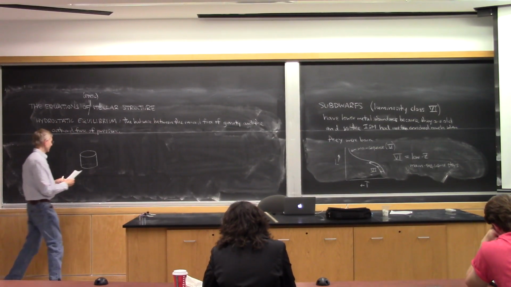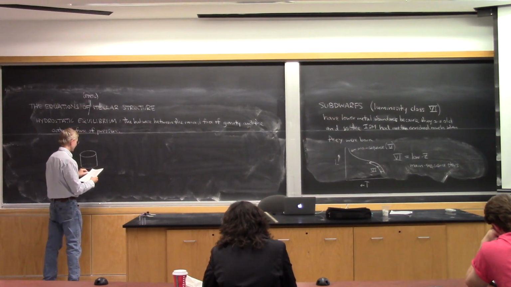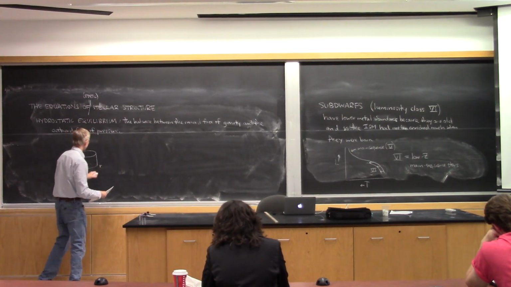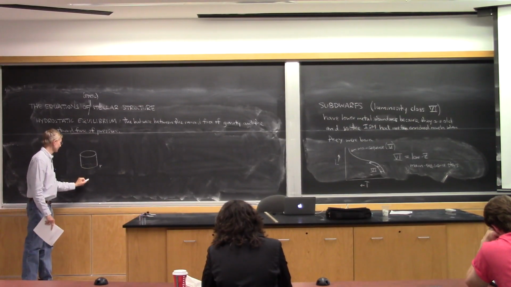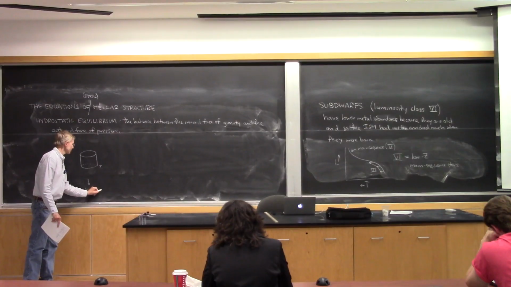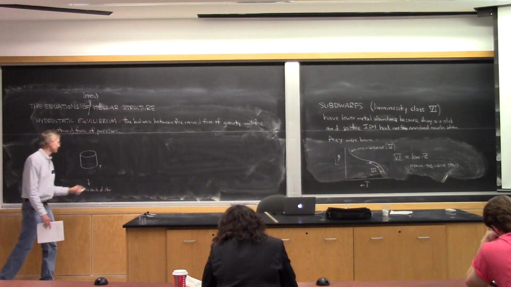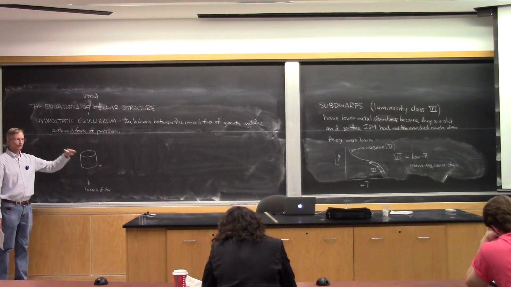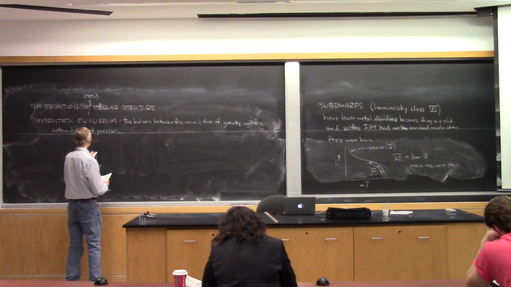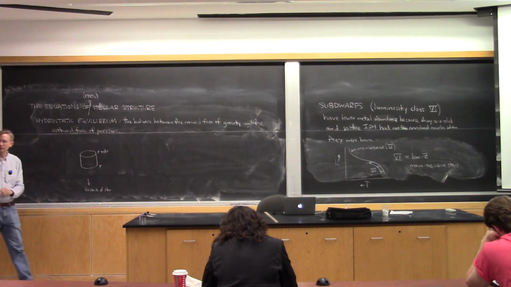And so we will say that the bottom surface of my cylinder is at radius r. Way down there somewhere is the center of the star. The bottom of my cylinder is at radius r from the center. The top of my cylinder is at radius r plus dr from the center.